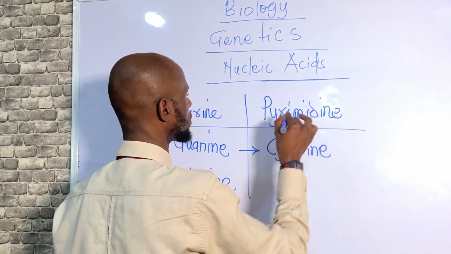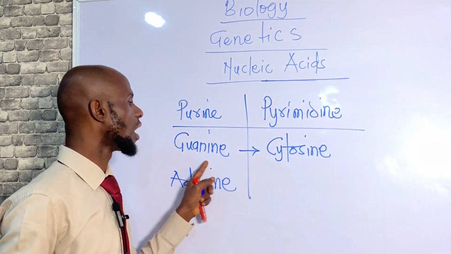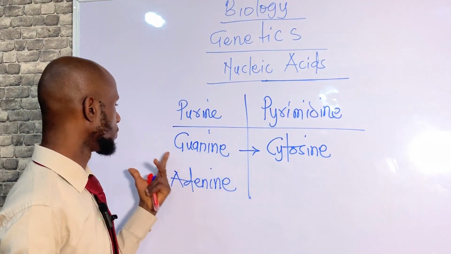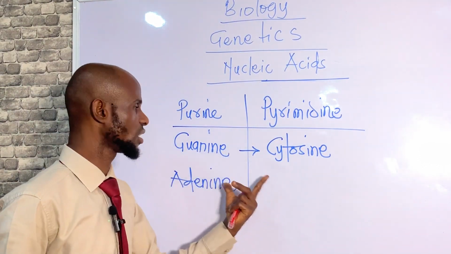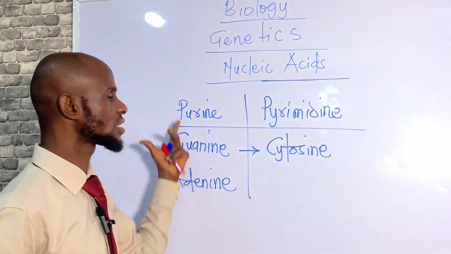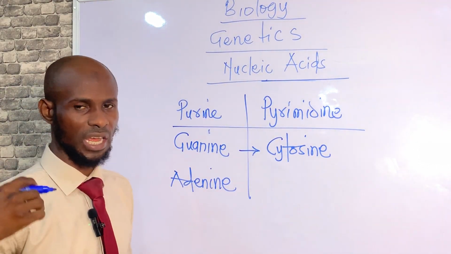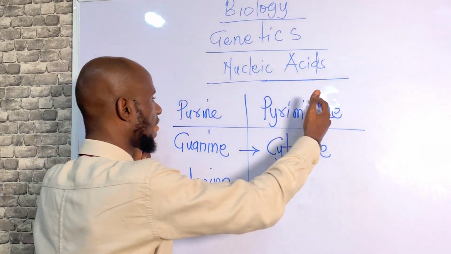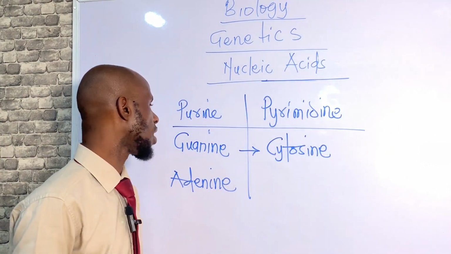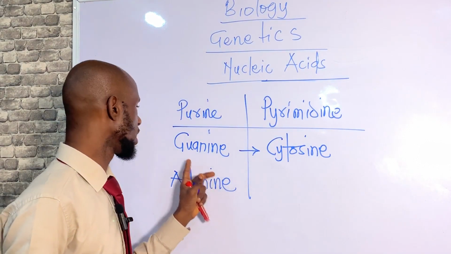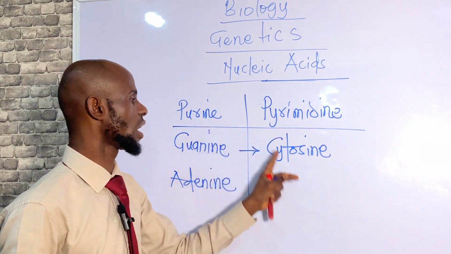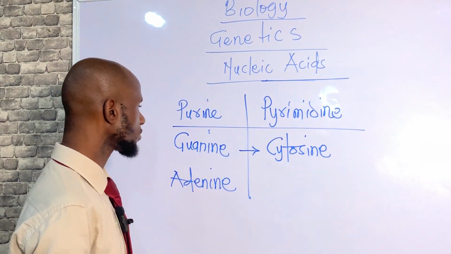We have the cytosine. So the reason I'm drawing an arrow between the guanine and cytosine is that the guanine always pair with cytosine. Now we're advancing our knowledge from where we stopped in the last class. Last class, I only highlighted the examples for you, but now I am pairing them. Okay, so guanine always pair with cytosine.